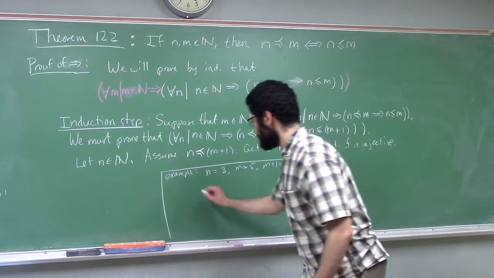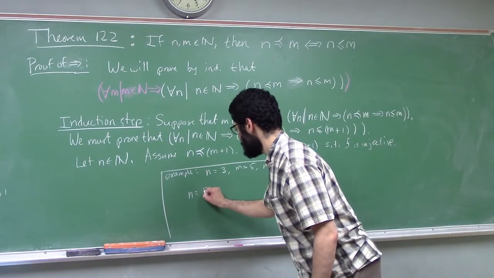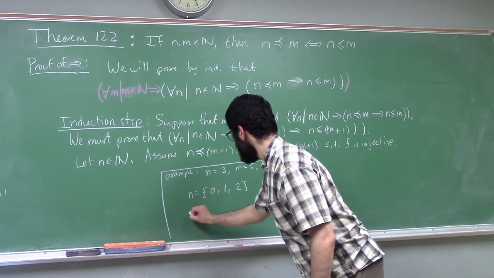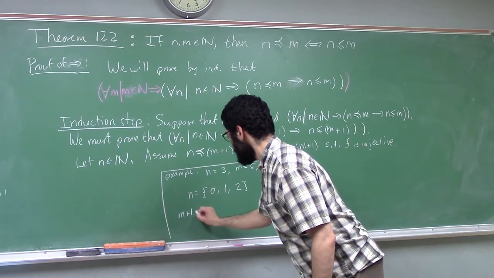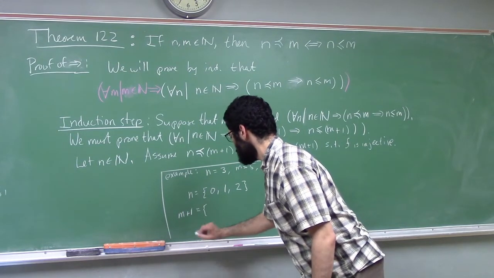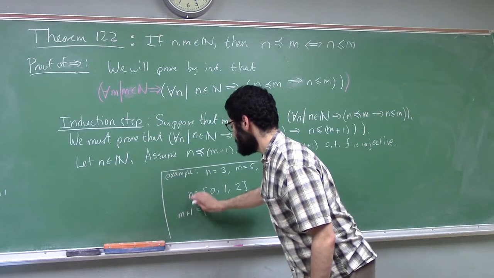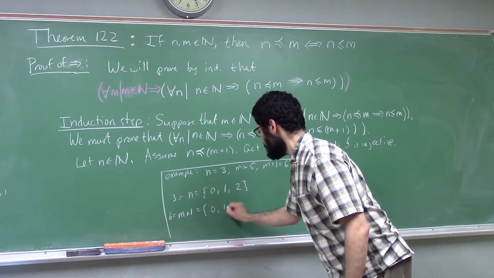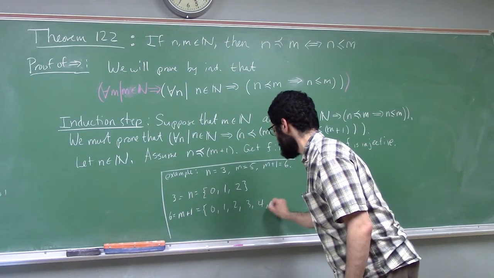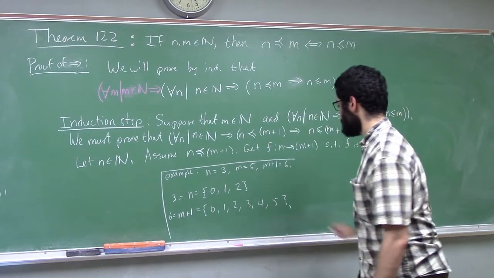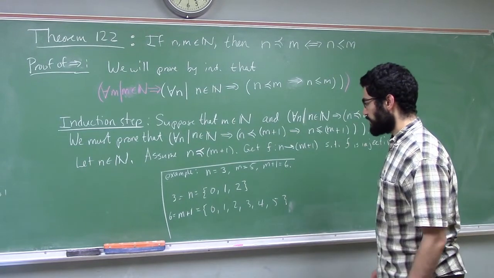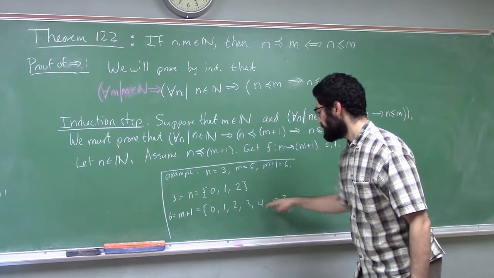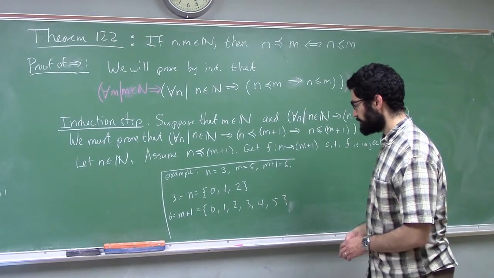Okay, so this would be n then: 0, 1, 2, and then m plus 1 would be 6. So this would be 3, this would be 6: 0, 1, 2, 3, 4, 5. And f is a function from here to here. So it maps these elements into these elements, and it's an injection.